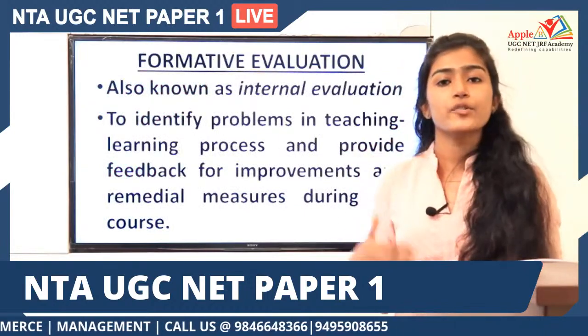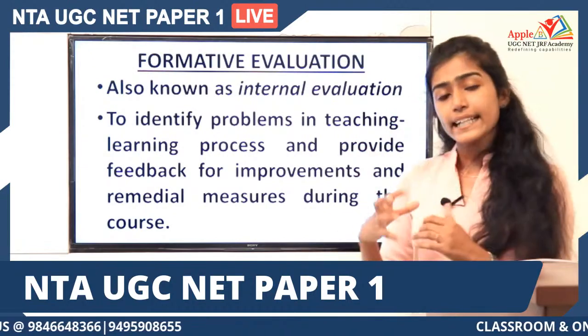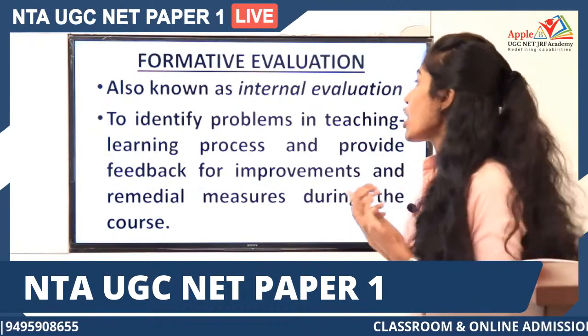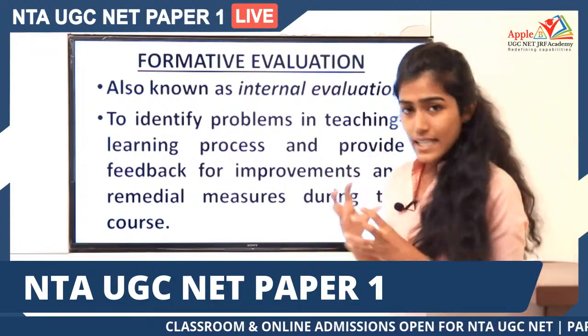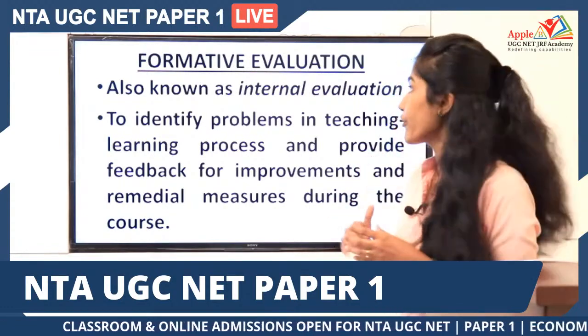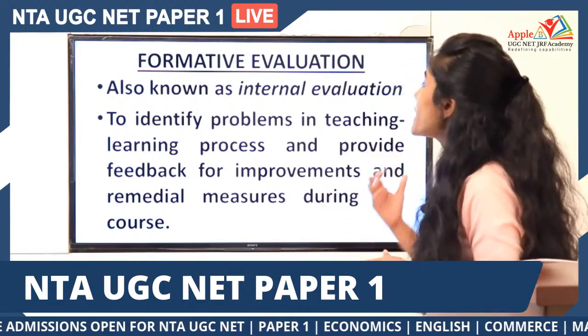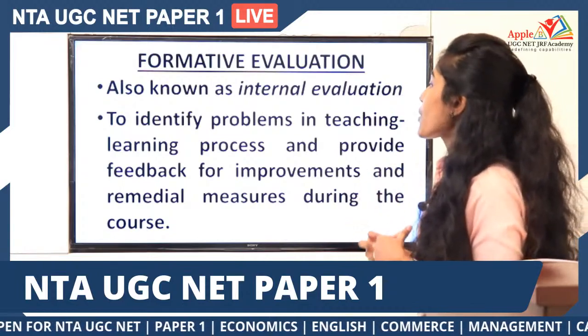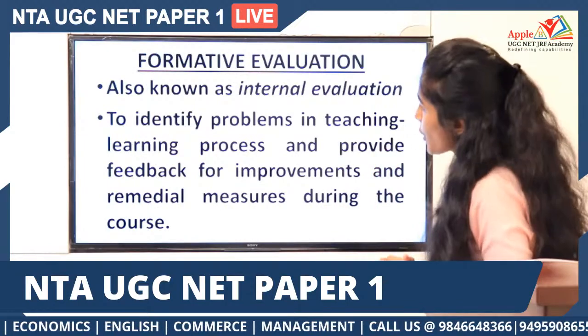Now we are moving to the next type of evaluation, that is formative evaluation. It is also known as internal evaluation. So what is the major objective or the basic aim of formative evaluation? It is used to identify problems in the teaching learning process and provide feedback for improvements and remedial measures during the course.